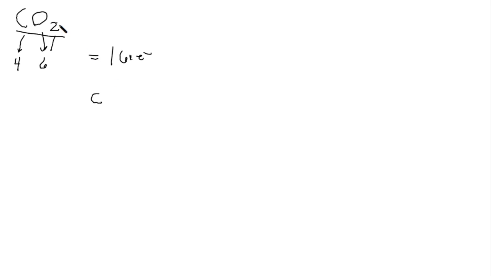And by the way, if you only have 2 atoms in a molecule like this, there's not going to be a central atom. It's just going to be one bond. So the third step is to place the 2 electrons in between 2 atoms to create a chemical bond.